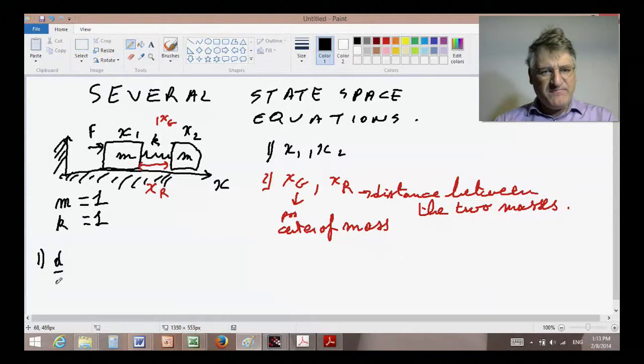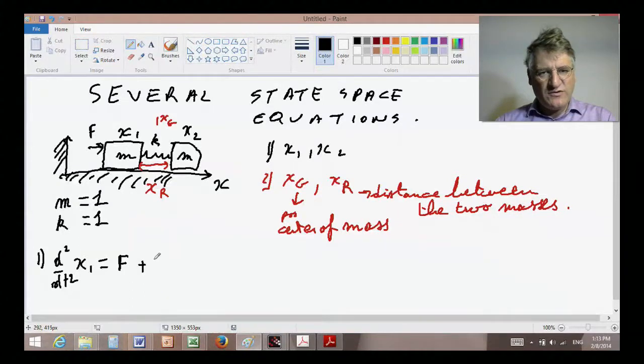d squared dt squared of x1 is equal to the force F plus the restoring force K times x2 minus x1.